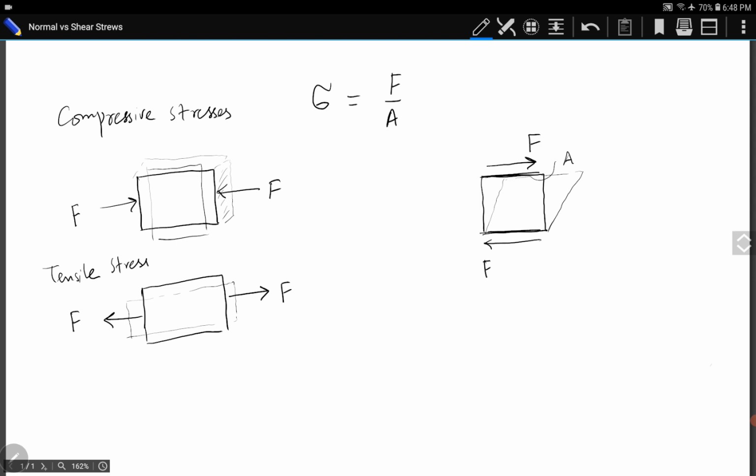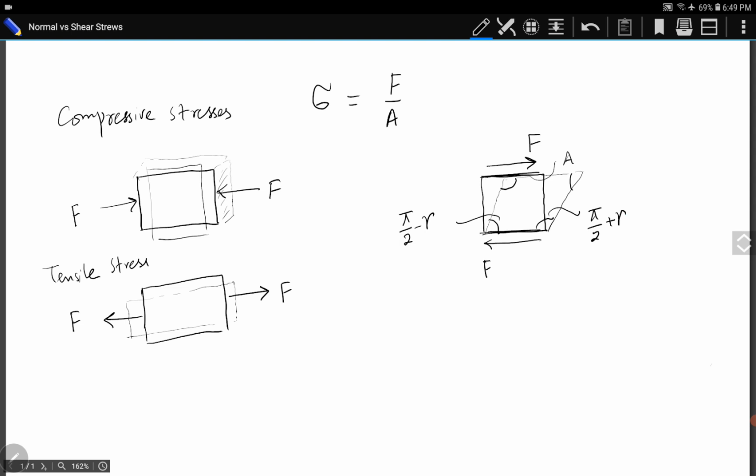So we can see neither have we increased the length nor decreased the length, simply the angle between the adjacent sides has changed. Initially the angle between each side was 90 degrees and now it has either decreased by a factor gamma or increased by a factor gamma. Gamma is shear strain. So in case of shear stress, the force will be applied parallel to an area.